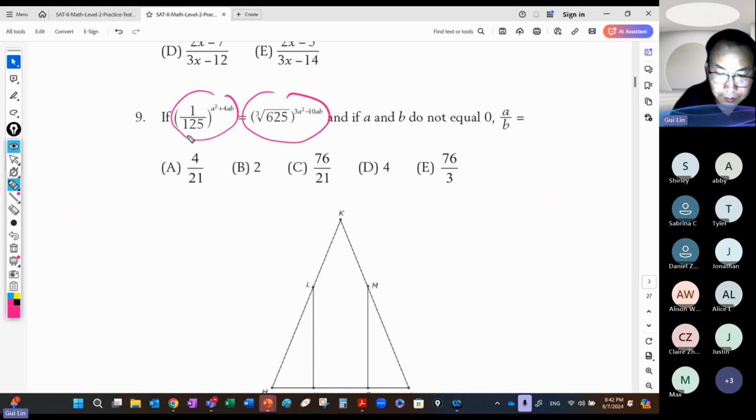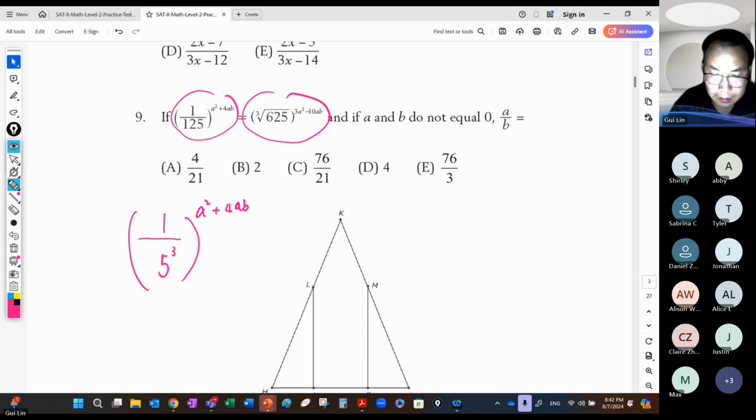So we know 125 is 5 to the power 3, right? So here a squared plus 4ab. Okay, 625 is 5 to the power 4, right? 25 squared, 625.